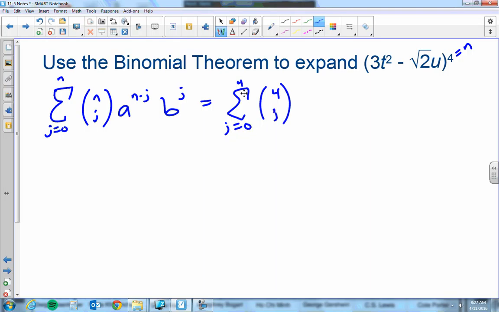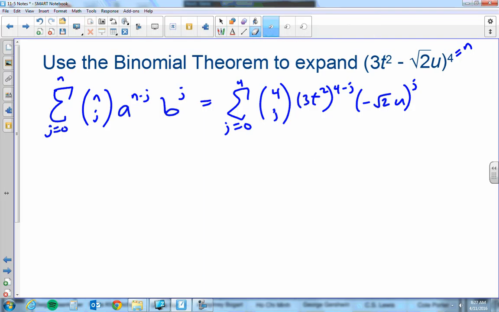J is going to go from 0 to 4, which, by the way, means how many terms will there be in the expansion? 5. It goes from 0 to 4. That's 5 different numbers. And then it's a to the power of n minus j, which is 4 minus j. And then b to the power of j.